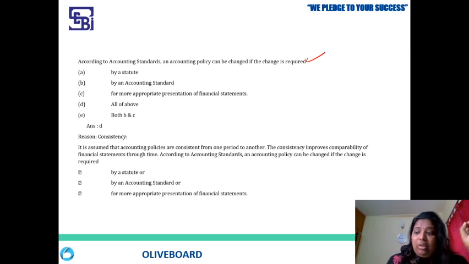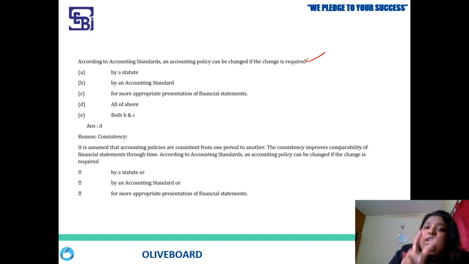Remember, it is not so easy. Ma'am, I can just change it for better presentation? No. When you are changing your accounting policy, it is not only the current year you have to change, you have to change accordingly for your previous year, because every time you will be presenting 2 years of data, unless it is a first year.